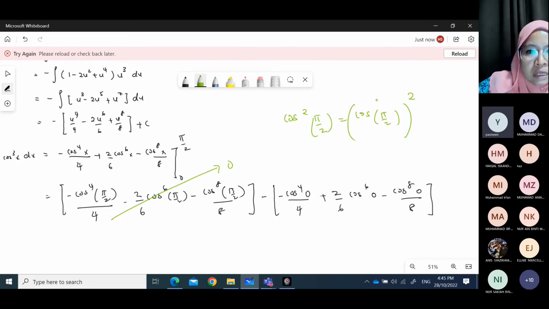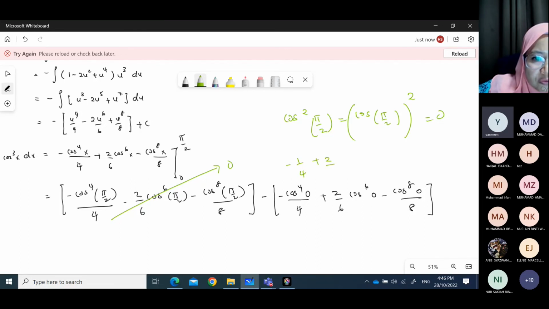So cara dia, you just type on your calculator cosine pi over 2 and then you kuasakan 2. Kalau kuasa 3 pun sama juga. You cari dulu cosine pi over 2 and then the power of 3. Begitu. Okay. So ini kau dapat kosong lah. Sebab cosine pi over 2 is 0. Faham?